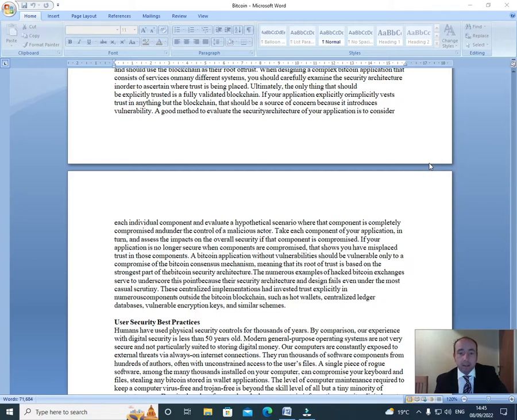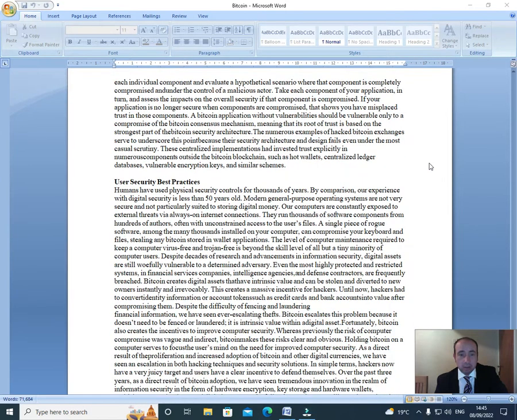A good method to evaluate the security architecture of your application is to consider each individual component and evaluate the hypothetical scenario where the component is completely compromised and under the control of a malicious actor.